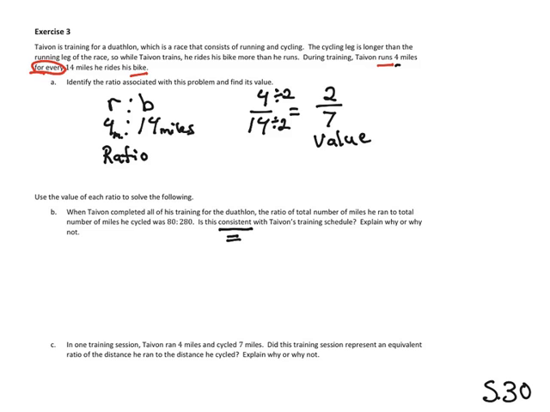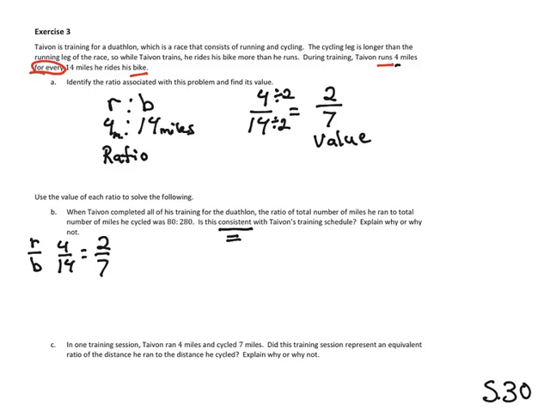So let's look at the first one. We had running to bikes, and that was, let me write that as a fraction. Running to bikes was 4 over 14. They called it cycling, we called it bicycle. It's the same thing. And we found that the value was 2 to 7 when we simplified it.